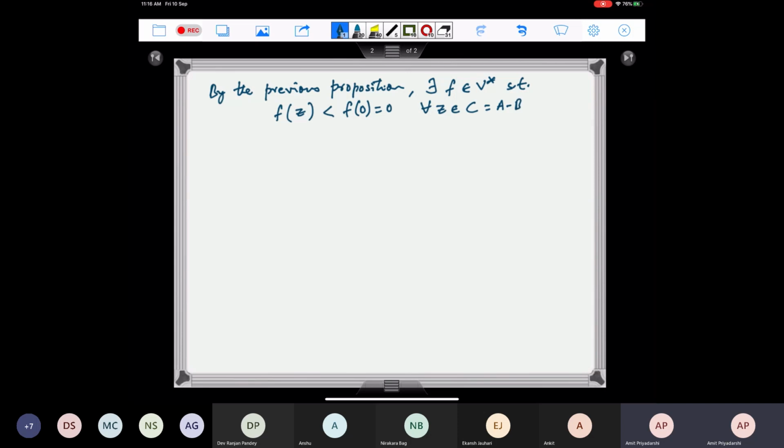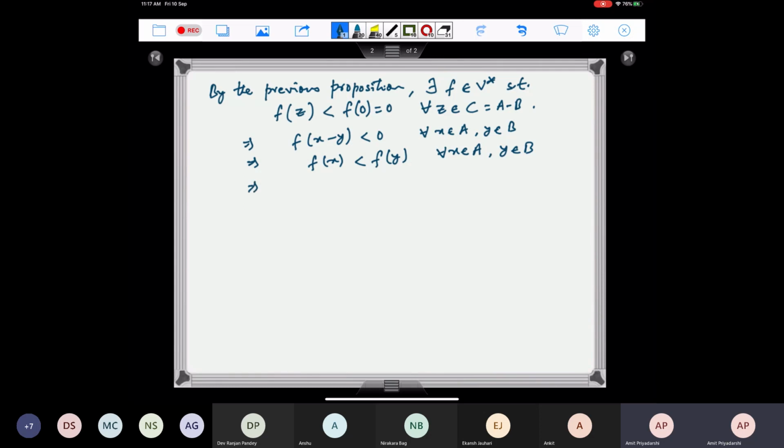But C is A minus B. So this implies f of x minus y is less than 0 for all x in A and y in B, which implies f of x is less than f of y for all x in A and y in B. So f of x is strictly less than f of y if you take any x in A and y in B, and therefore what alpha can you choose?